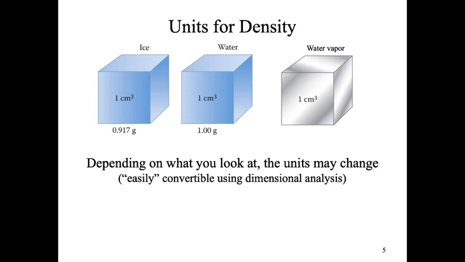Depending on what phase you're looking at, you may see the units change. When we look at solids and liquids, typically the units we're looking at are grams and milliliters. Why would we pick grams and milliliters? Milliliters is not a core unit, so that doesn't count.